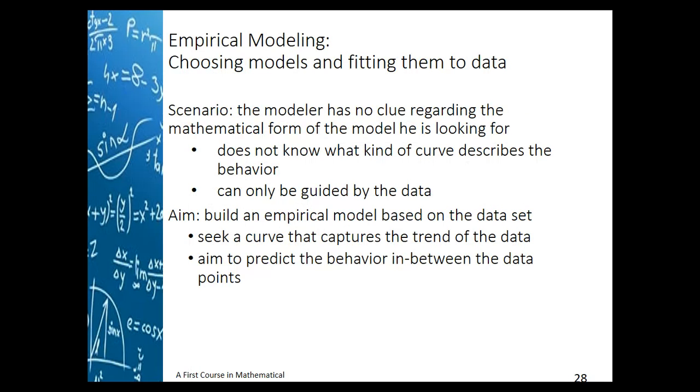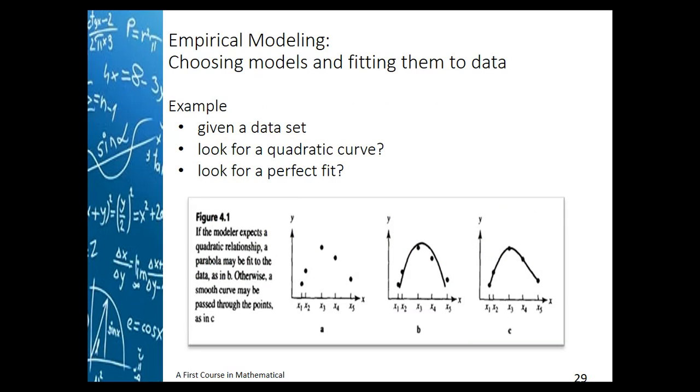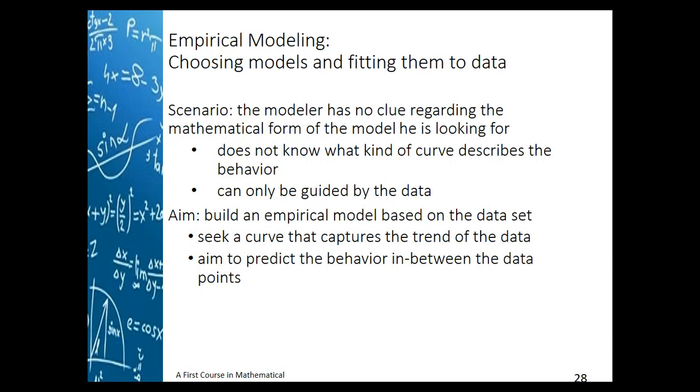So next. For example, the scenario is that you are a modeler. You don't have any clue regarding the mathematical form of the model you want to know. You do not know the kind of curve that will describe the behavior, but you do know the data.